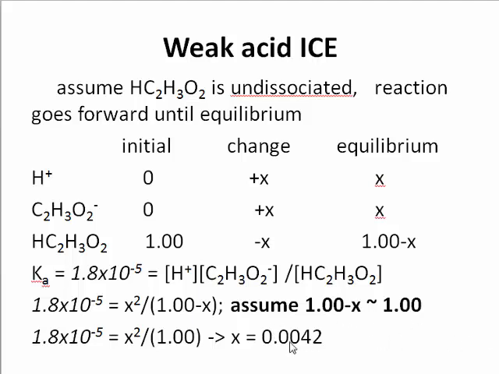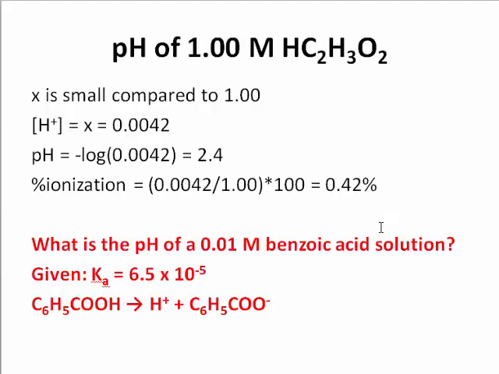This is basically what we need to finish the problem. X is small compared to 1, so we don't need to worry about 1 minus X. We can proceed with the solution we have, which is 0.0042. pH is the negative log of 0.0042, or 2.4.